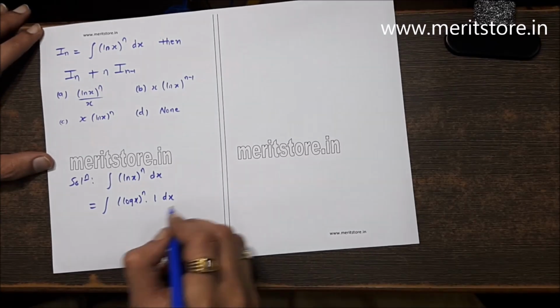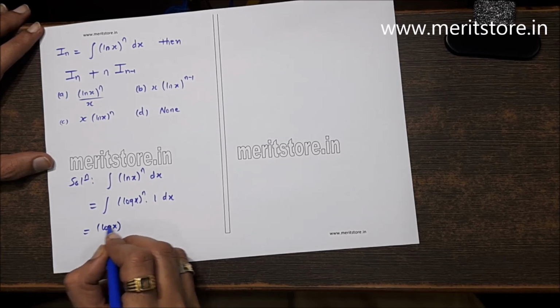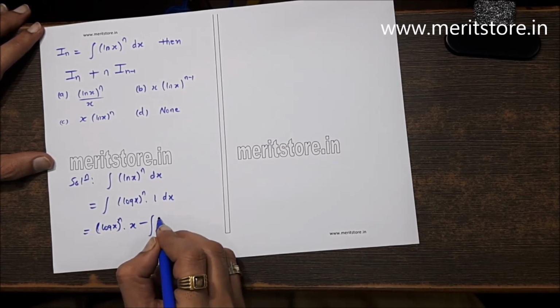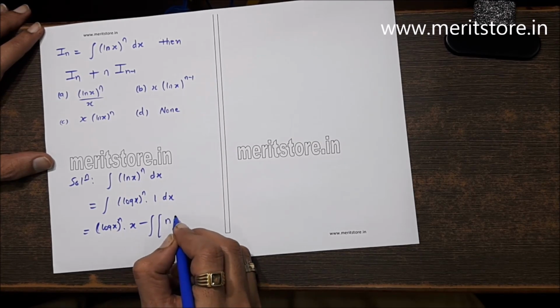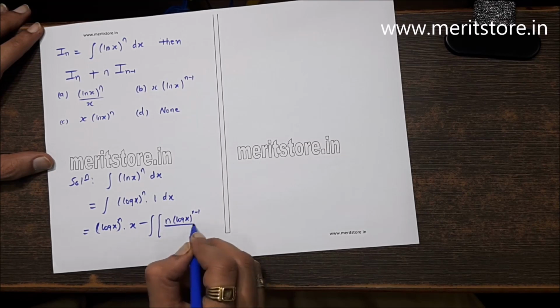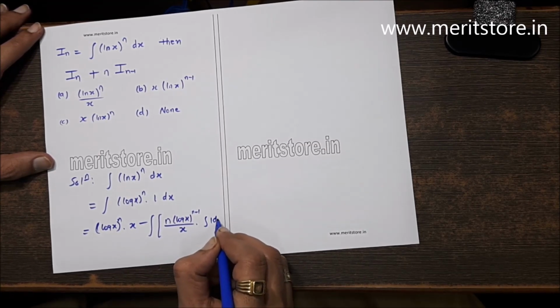We'll apply the formula of u into v. Our answer would be log x raised to n into x minus integral of n log x raised to n minus 1 into 1 upon x and integral of 1 dx.